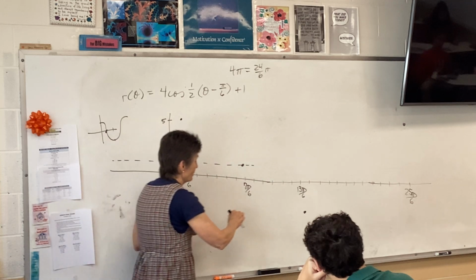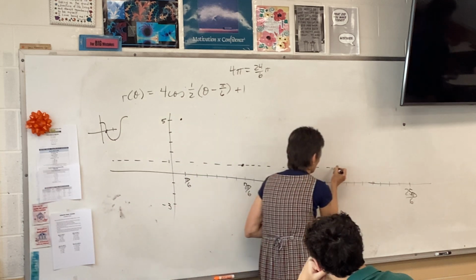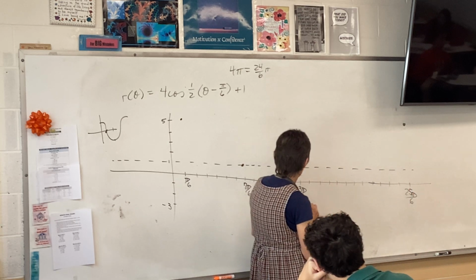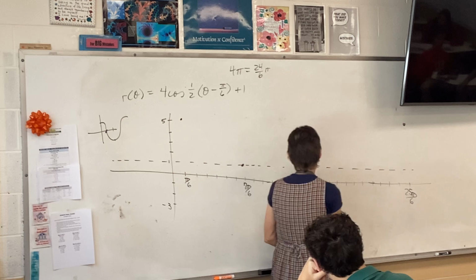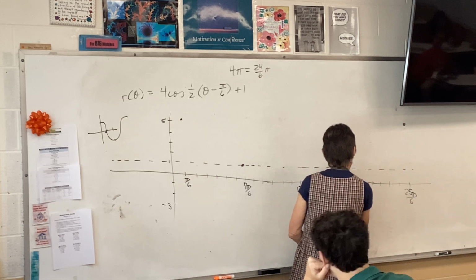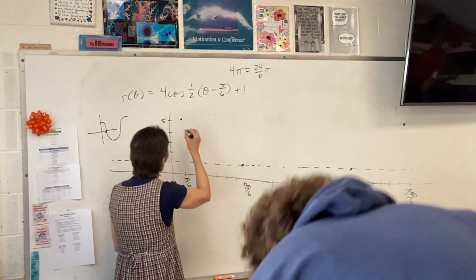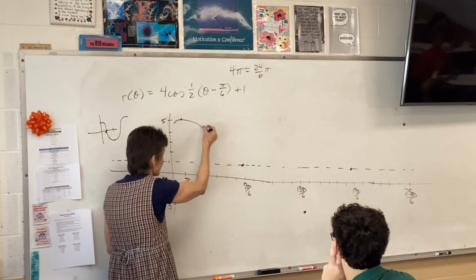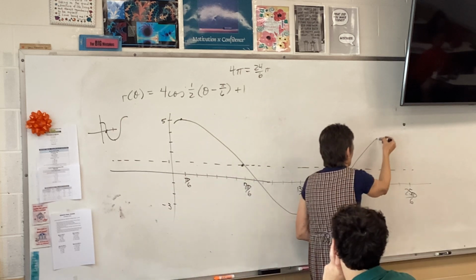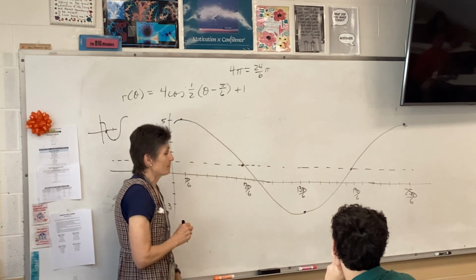And then similarly, halfway between 13 and 25, which is 19, I cross again. So now I'm going to connect these with some kind of hopefully somewhat symmetrical curve, and there it is.